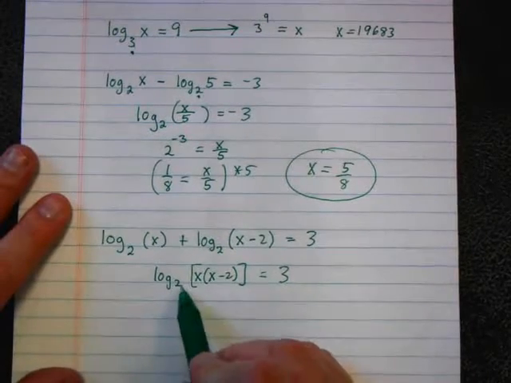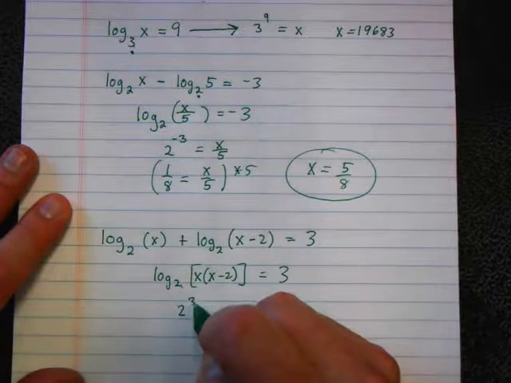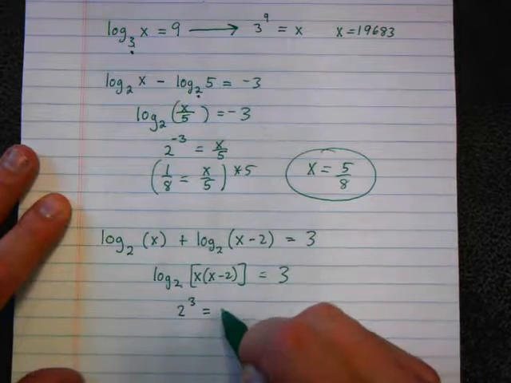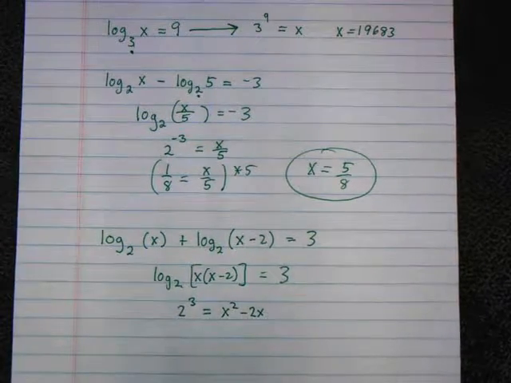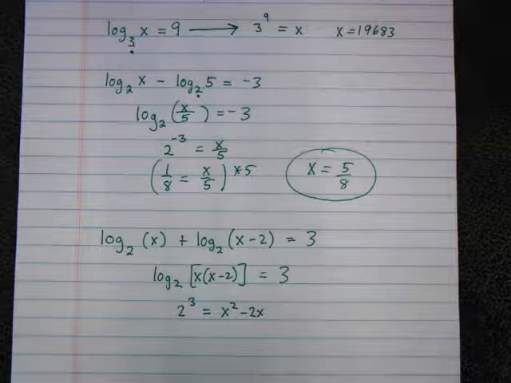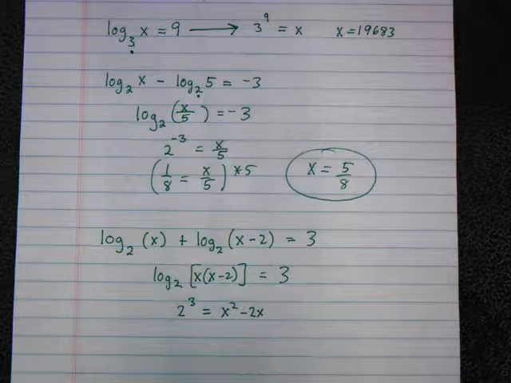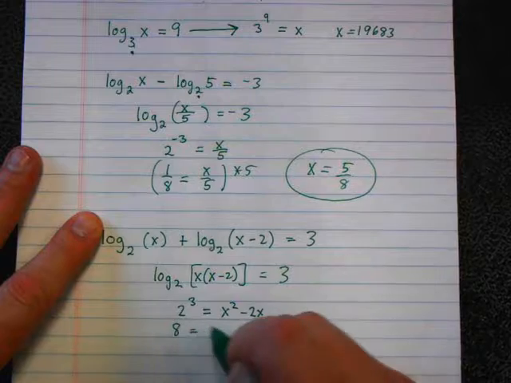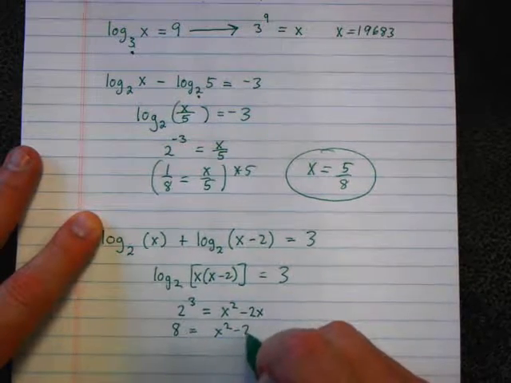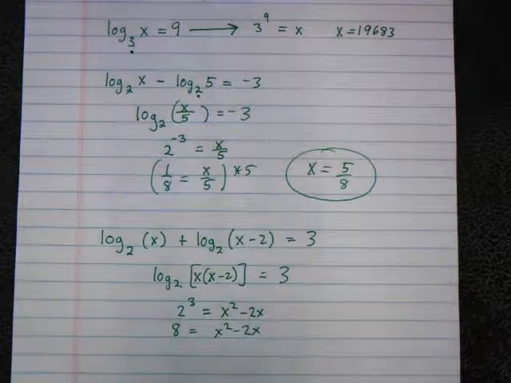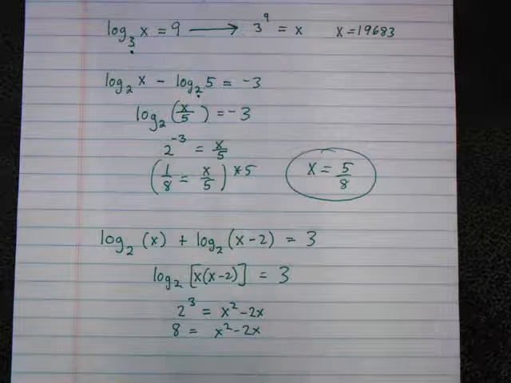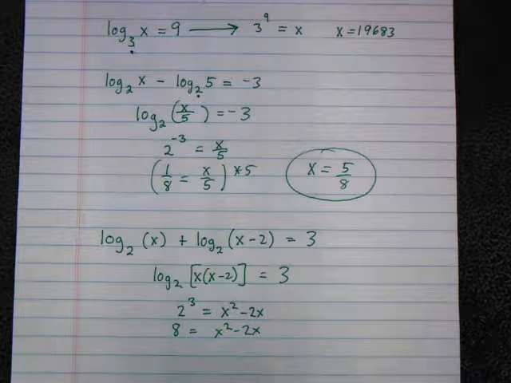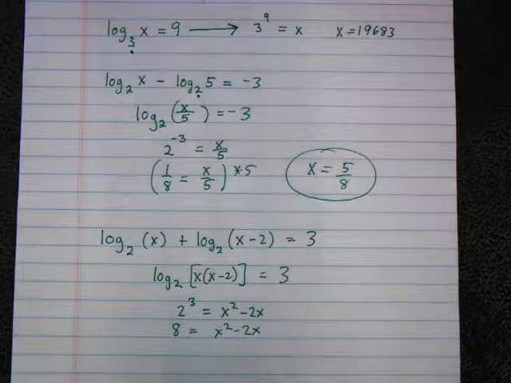Convert: 2 cubed equals, I'm going to write this over here as x squared minus 2x. It's going to distribute that x through. So 8 equals x squared minus 2x. And how would you solve?